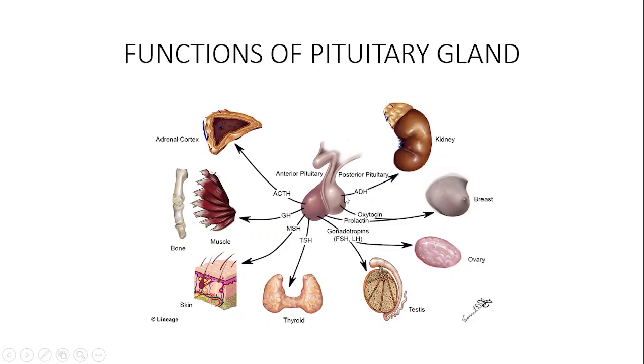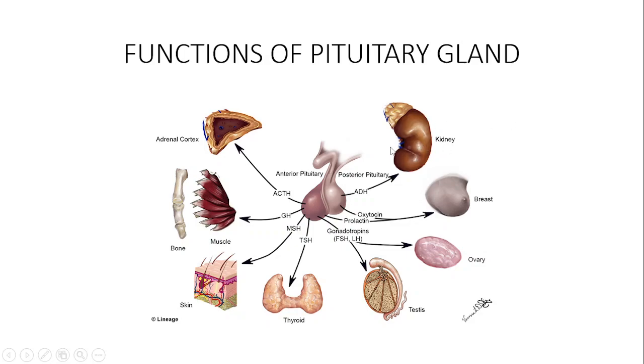So what does ADH do? You see, when you talk about diuresis, it means production of fluid that exits the body. Antidiuretic means it works against diuresis. So what do antidiuretic hormones do?